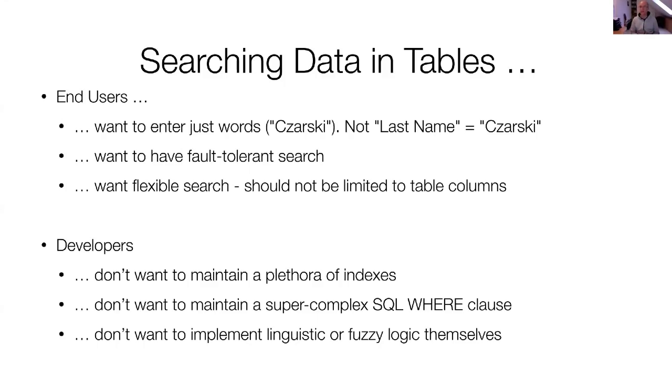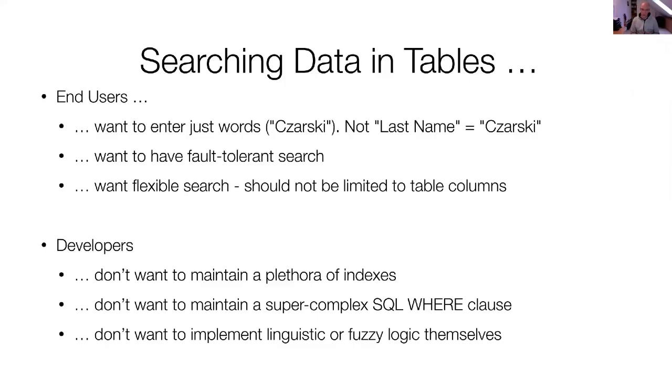It has to be fault tolerant. It has to be flexible. We want to search for any criteria. It should be as flexible as possible. And when we look at the developer's perspective, the people who have to implement it, more or less us, what do we want? It has to be performant, of course. It has to be maintainable.